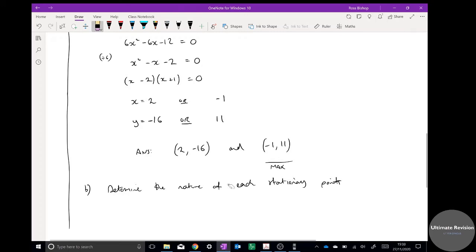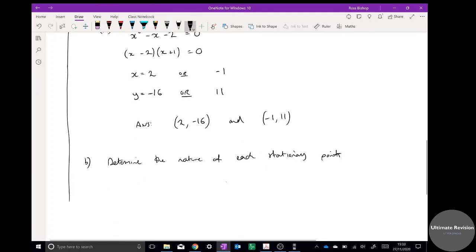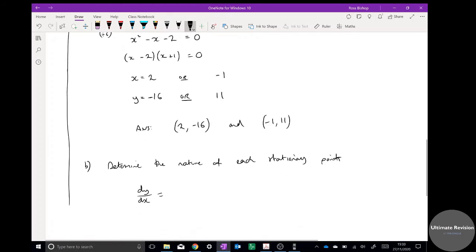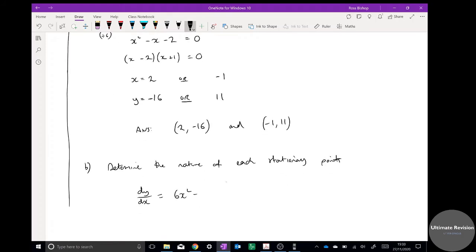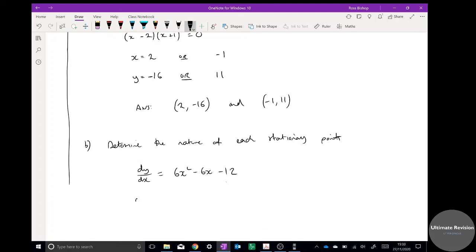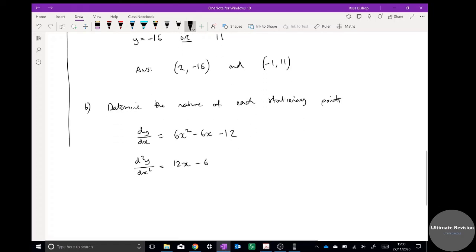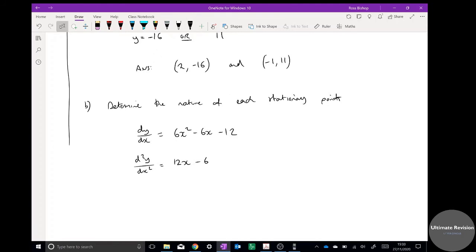I can also do it a bit more mathematically and thoroughly by using the second derivative. So I know dy/dx was 6x squared minus 6x minus 12. And if I differentiate again, I get 12x minus 6, then the minus 12 disappears.